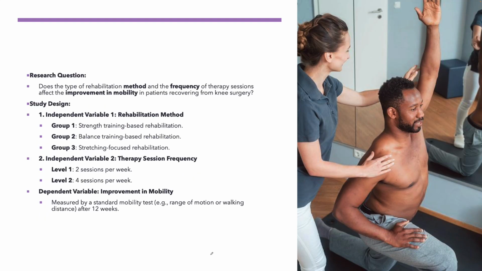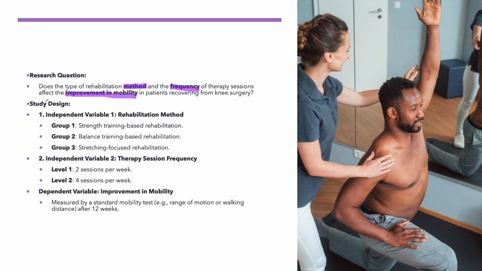So let's go to my physical therapists out there. So my research question: does the type of rehabilitation method, independent variable 1, and frequency, independent variable 2, affect improvements in mobility, right? So we're looking at which one of these independent variables has the best improvement in mobility.